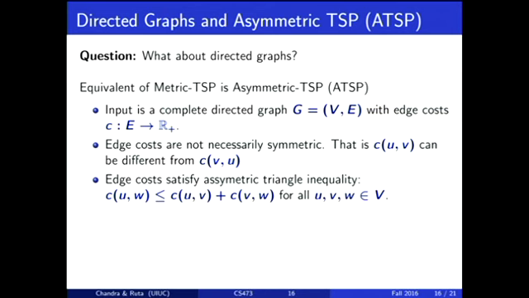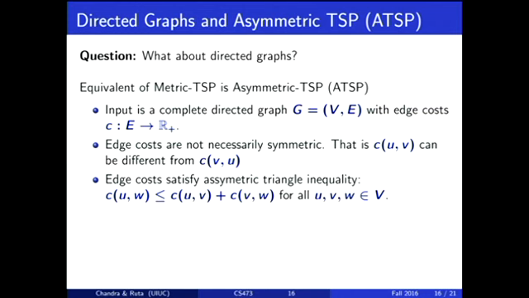It might be that to go from here to here I have an edge, but to come back I have to go somewhere else, right? But what I do have is still the triangle inequality in the directed sense, right? What does it mean? If I want to go from location U to location W, it cannot be more expensive than going from U to V and V to W. Even in the directed sense, right?